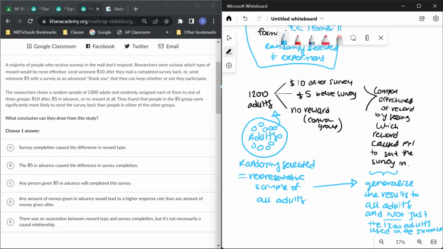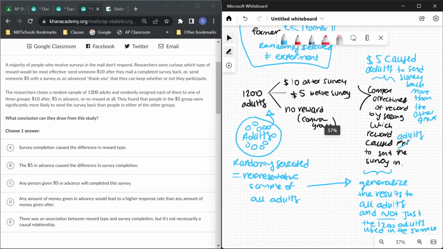Okay? So what was the conclusion? The conclusion was that the $5 caused adults to send the survey back more than the other groups. I would have said rewards, but no reward is literally not a reward, it's a control group.